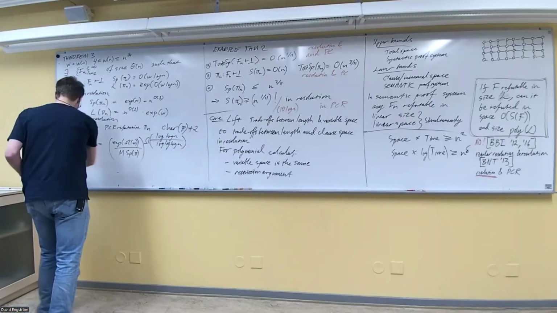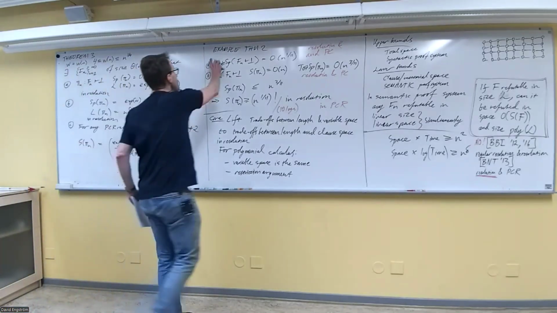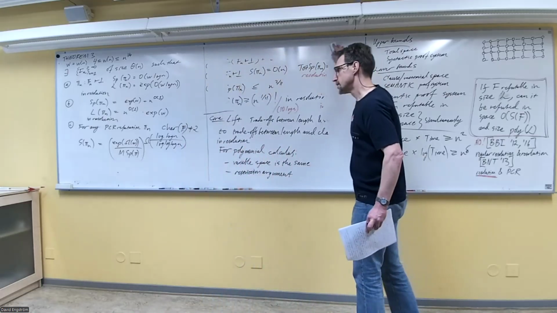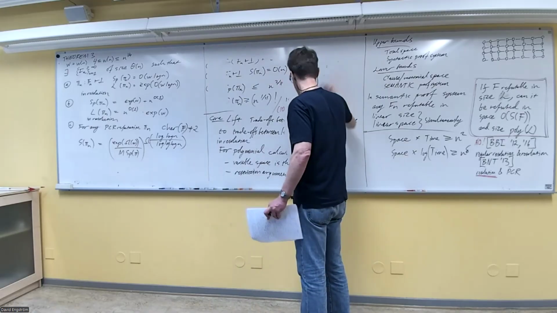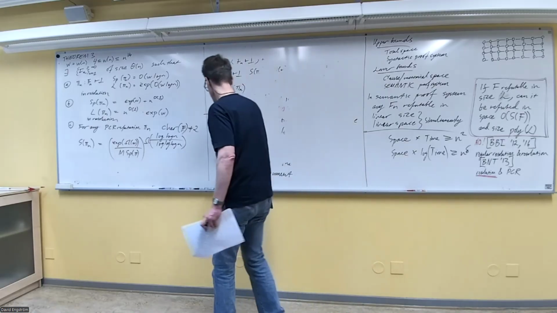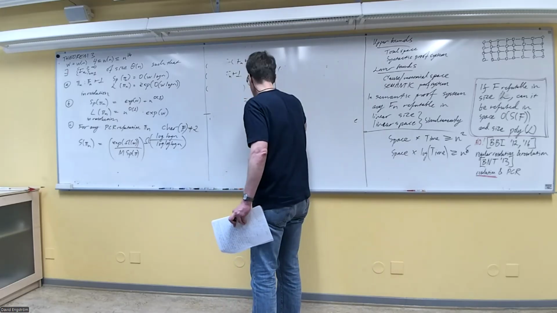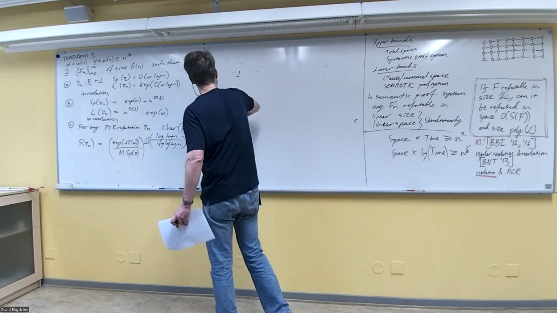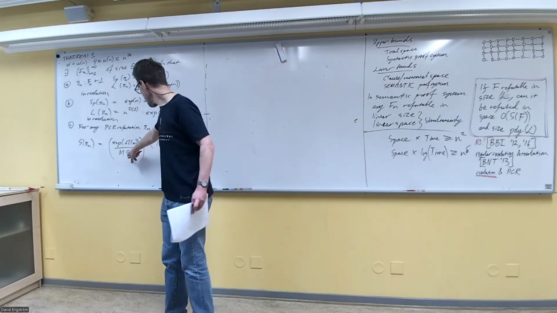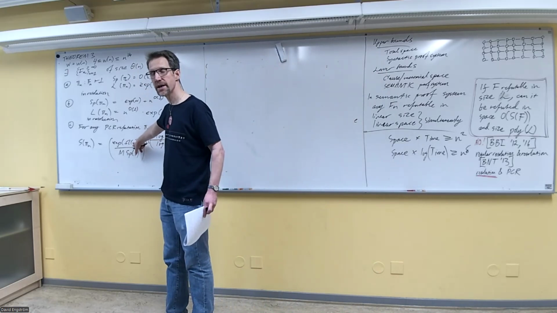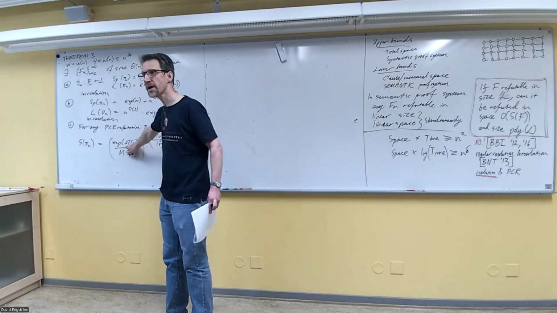Okay, I'll let you stare at this for a few seconds. So the point is, if the monomial space is significantly smaller than exponential in W, then you're going to pick up some polynomial factor here.